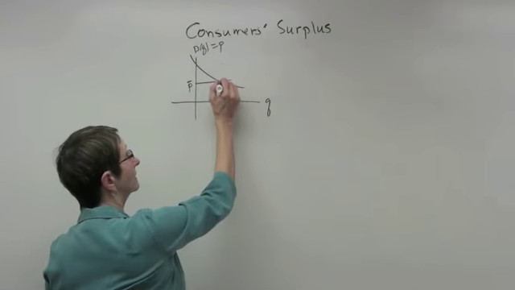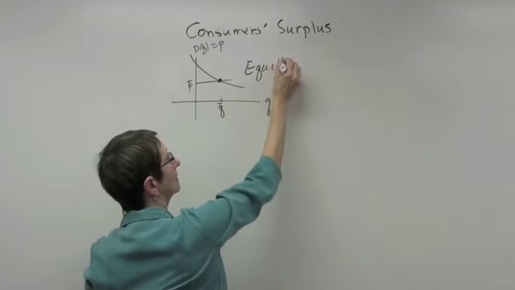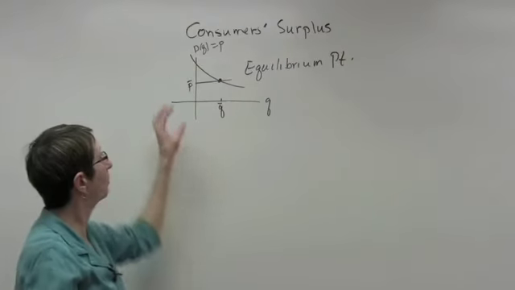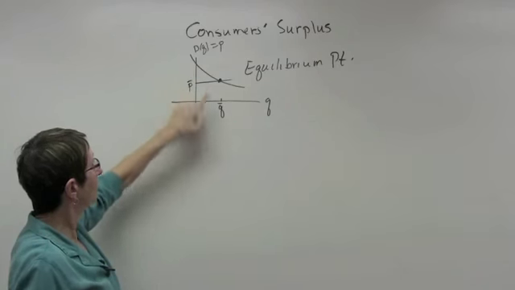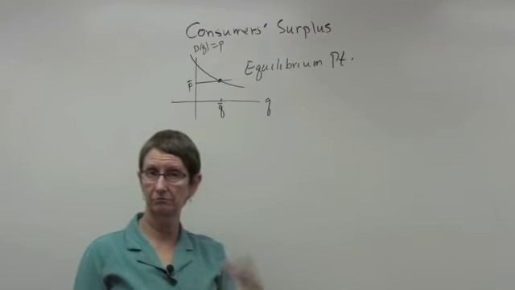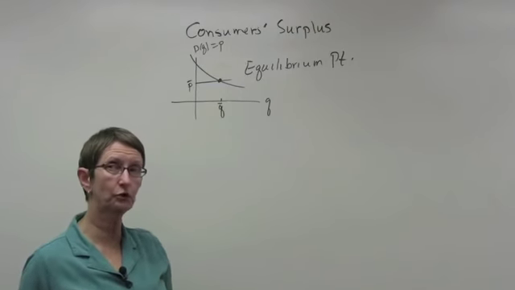At some point, this is called the equilibrium point, which we also have studied before. At that point, we have price, supply and demand equal. The market is in equilibrium. That's what it's called. Neither a surplus nor a shortage.